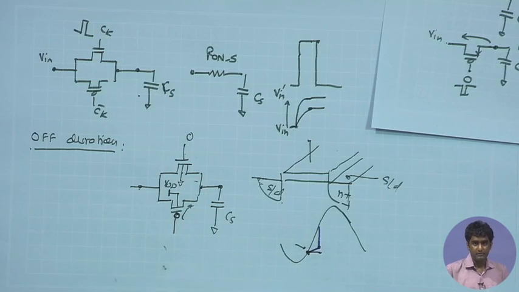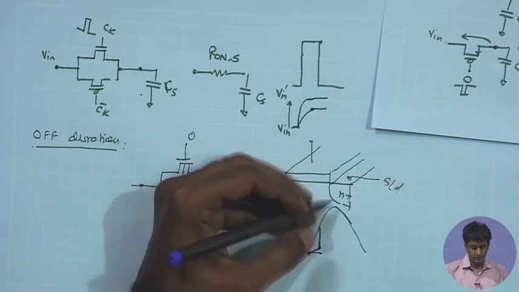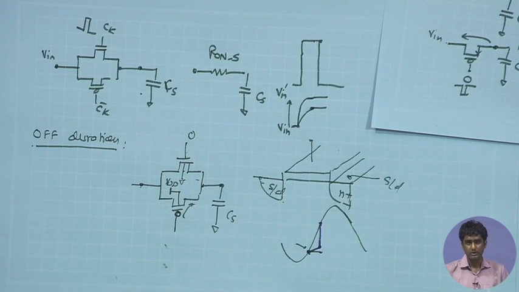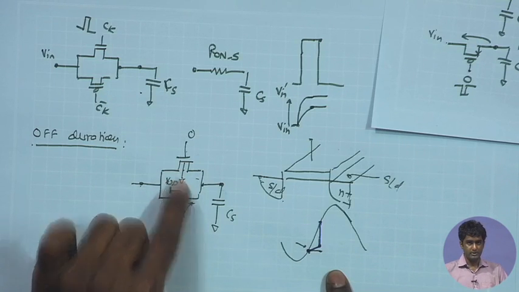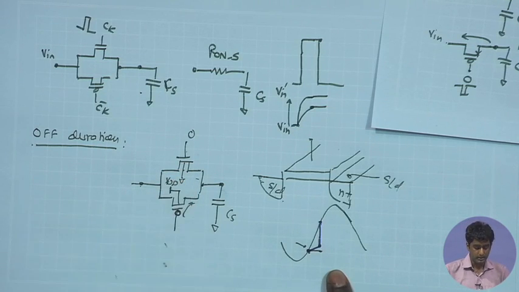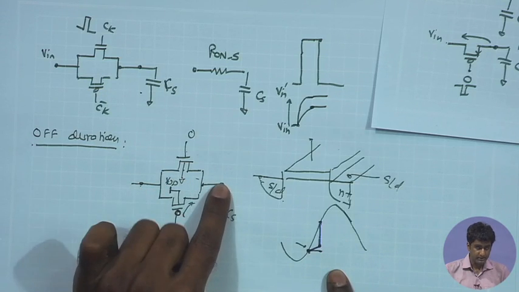Let us see what happens when the condition is reversed, when the input signal sampled over here is high. So, suppose you are going towards the upper side. So, this is a high value. Under that condition, as we said, the body terminal of the NMOSFET is 0, whereas the sample signal is high.